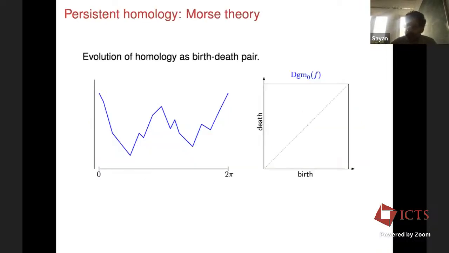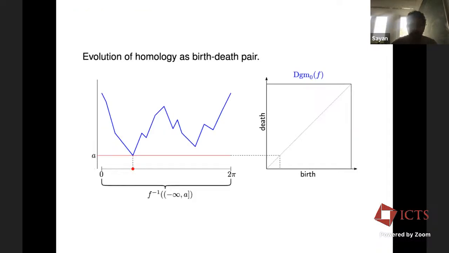Okay, so an example of this is if you have the curve that you're seeing and you slowly move up, which is called a filtration, and then you look at what's going on the real line below. You look at these components and how they come together. When we move up a little bit more, two of these components are going to merge.